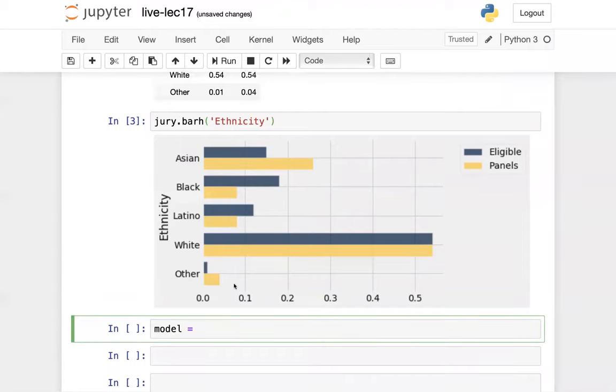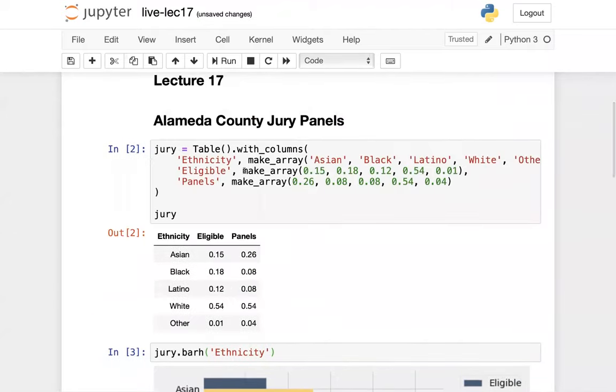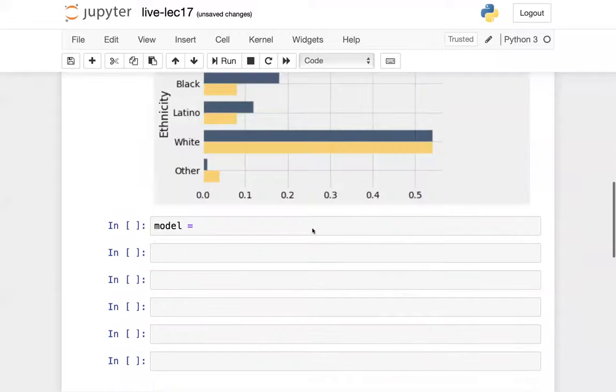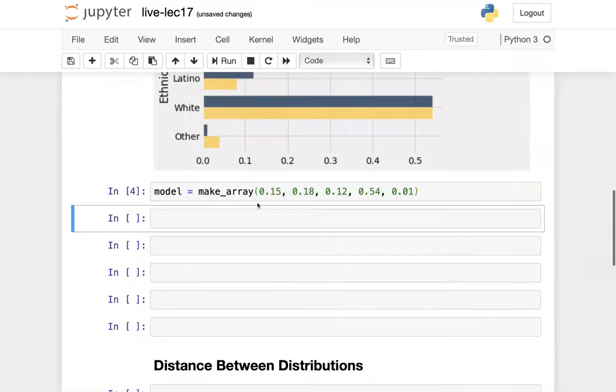The model is going to basically be all of the information that's in this ethnicity column. So let's just grab this. This is essentially what our model is. And if we wanted to simulate a new jury panel from this model, we could do that using sample_proportions. So we could say simulated equals sample_proportions, and then we pass in how many people we want.